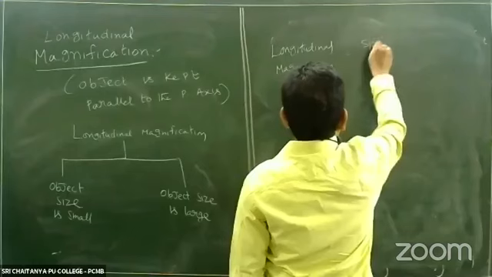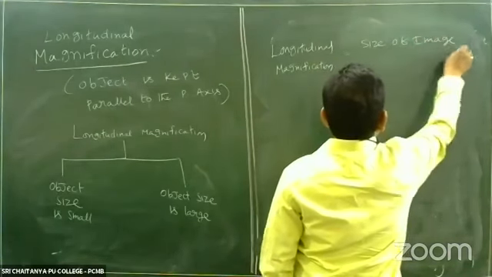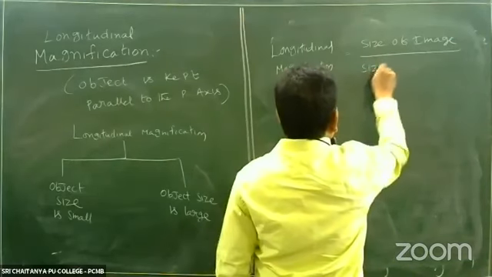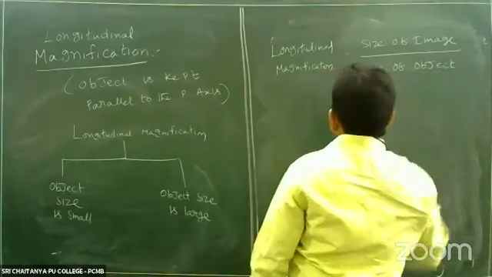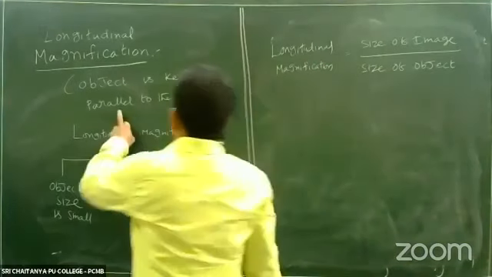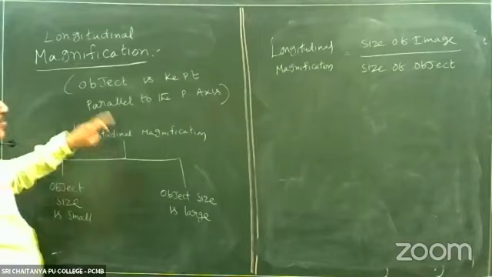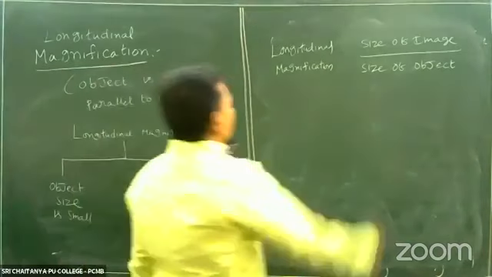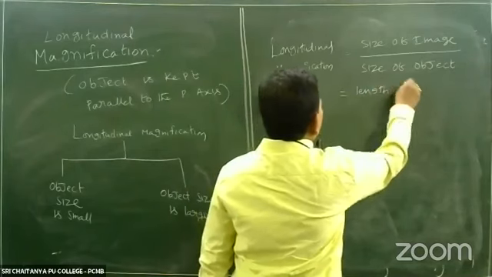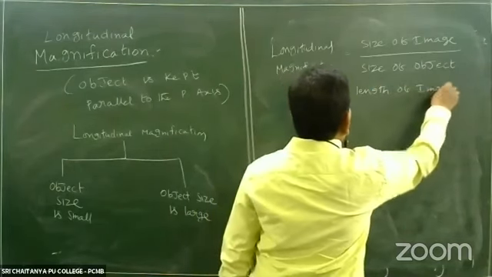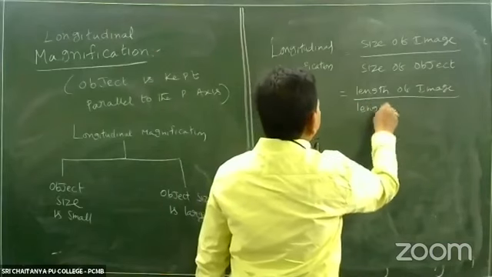Magnification formula: size of image by size of object. Because the object is kept parallel, there is no height, so we have to take length. That is equal to length of image by length of object.